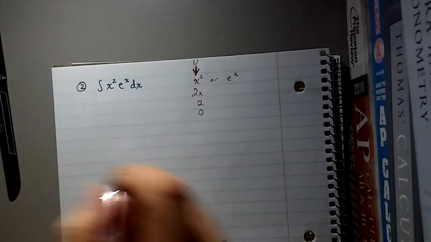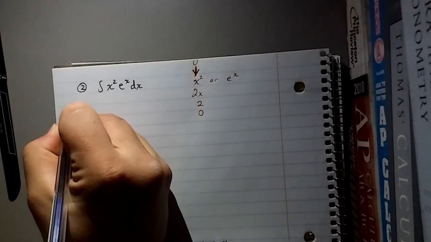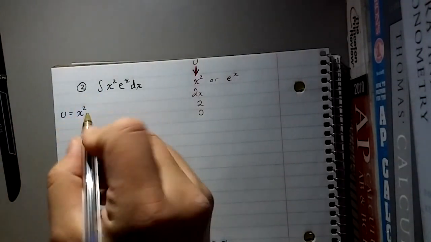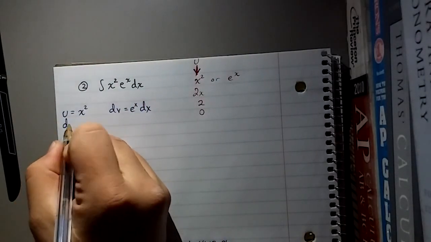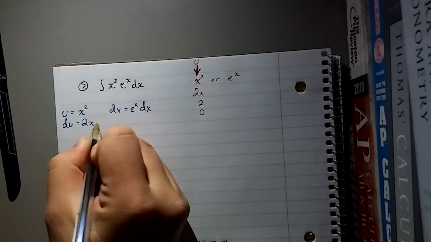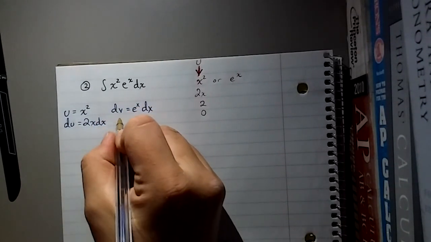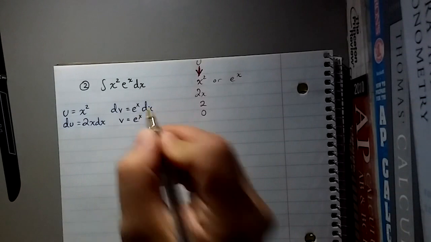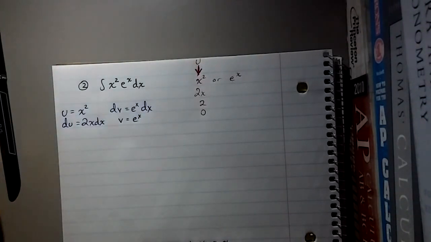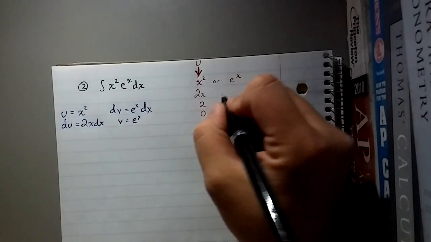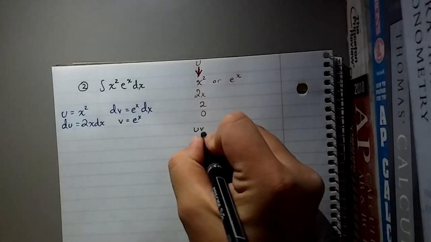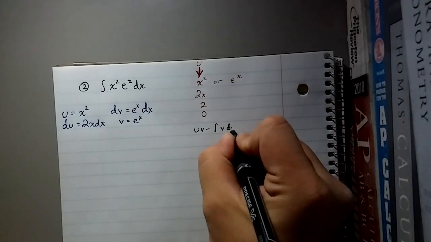So let's test it out. My u is x squared. My dv is e to the x dx. So what does that make my du? It's 2x dx. And my v is e to the x. Now remember, we have to plug it into that uv minus the integral of v du.